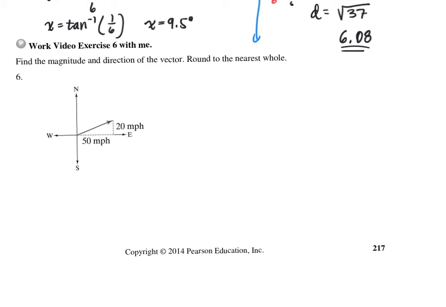Anyway, the magnitude is 6.08 with a direction of 9.5 degrees north of east. I don't have any units for this. It's not a story problem. So 6.08 with a direction of 9.5 degrees north of east.